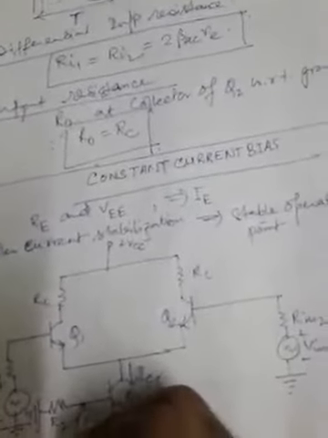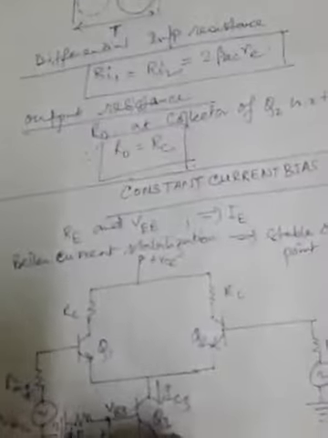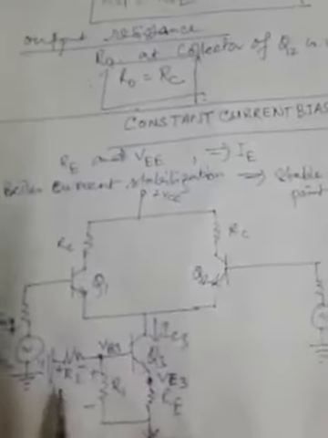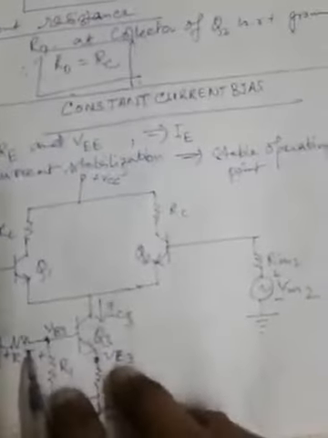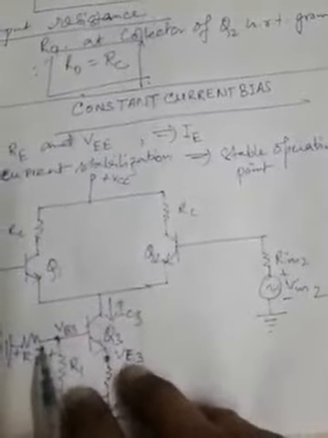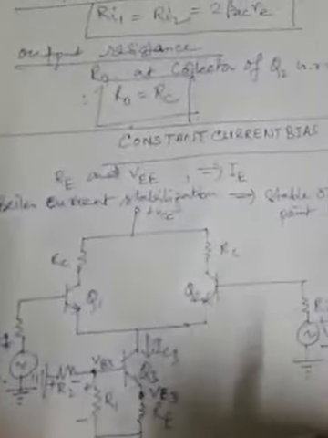The base voltage VB3 is noted over here, and the voltage drop across R2 is of opposite polarity, that means the negative terminal of this resistance will be connected to the base of transistor Q3.